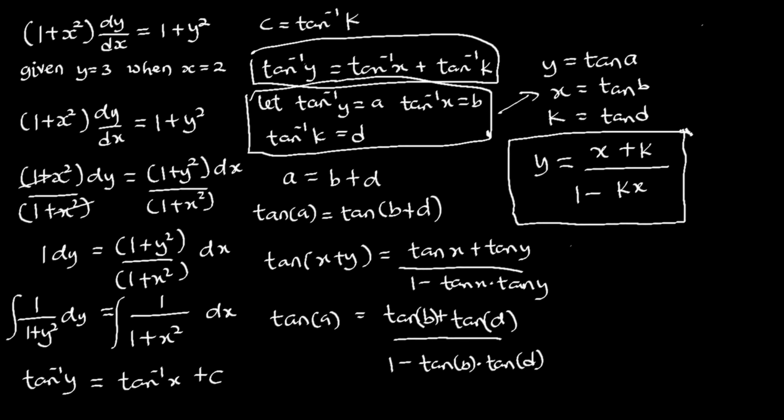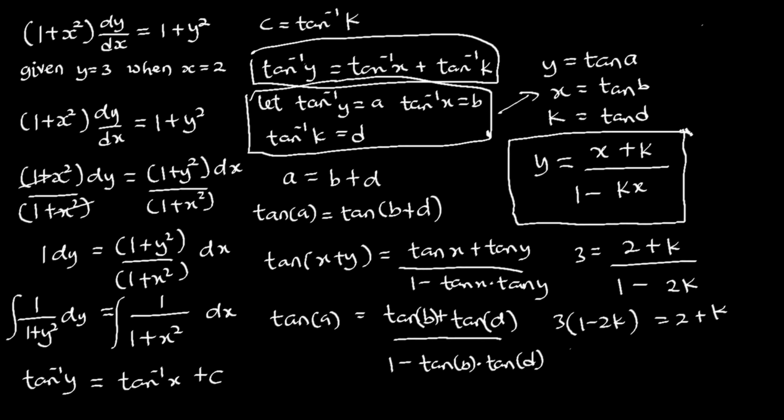So we can now bring in the conditions that were given to us. We have y equal to 3 when x is equal to 2. So we have 3 equal to 2 plus k, divided by 1 minus k multiplying 2, so that will be 2k. Let's simplify this. I have 3 multiplying 1 minus 2k equal to 2 plus k.